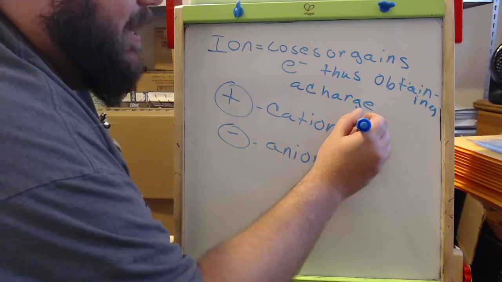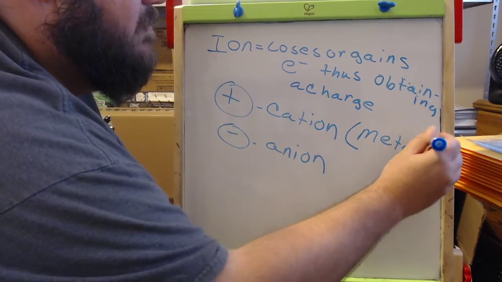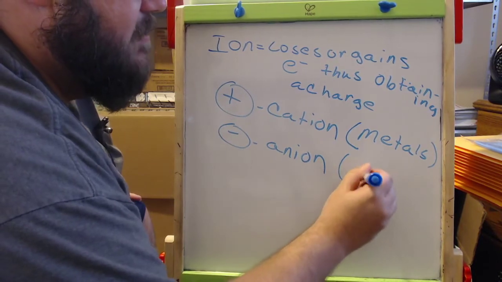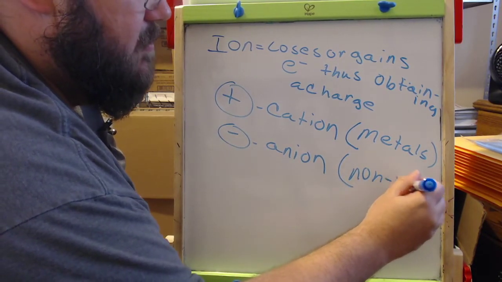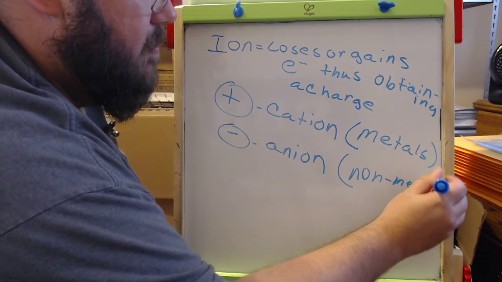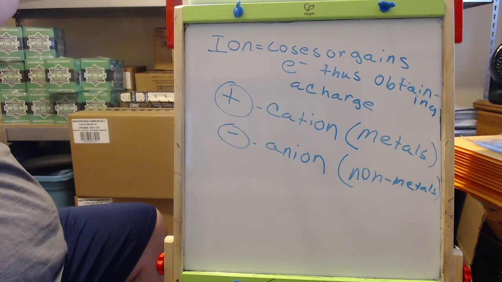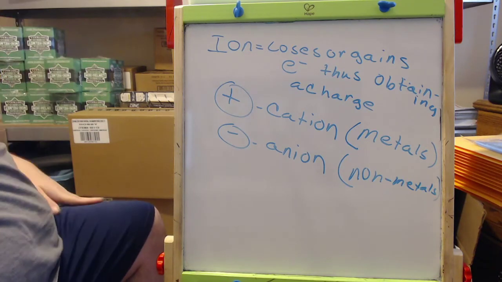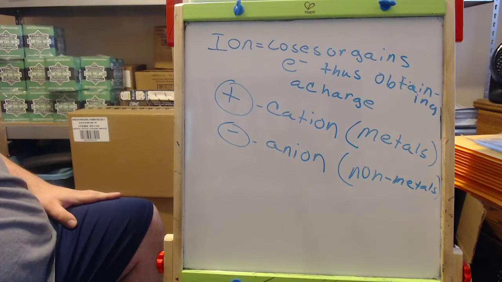My cations are usually my metals, and my anions are usually my nonmetals and metalloids. And it's all determined by how many electrons I'm going to lose and how many electrons I'm going to gain.